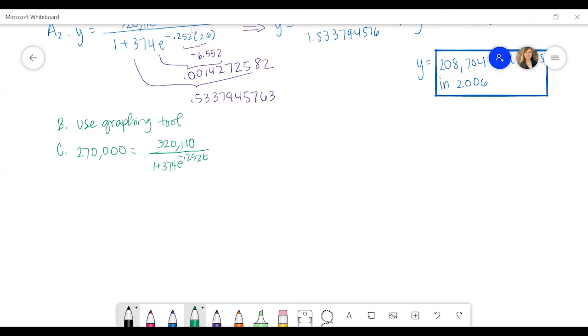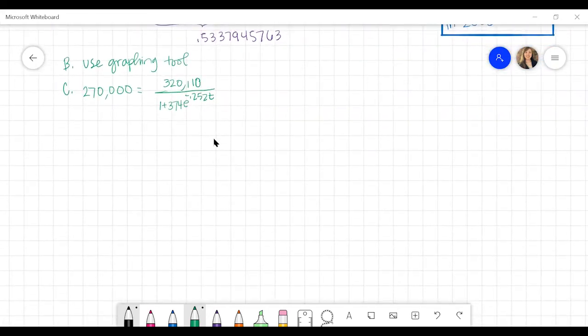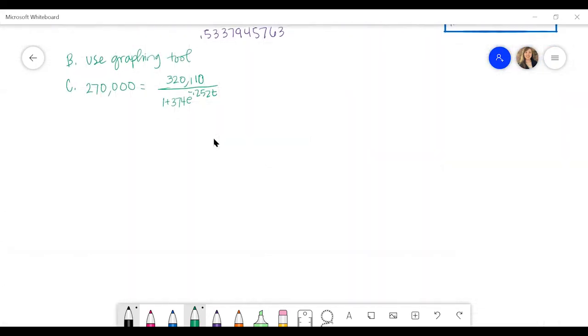So we saw a similar question to this when we were doing our notes, and we saw it just takes patience and caution, right? Do not try to rush through these. So I'm going to use that same reciprocal property. I'm going to take the reciprocal of both sides. So I'm going to say 1 over 270,000 equal to 1 plus 374e negative 0.252t divided by 320,110.